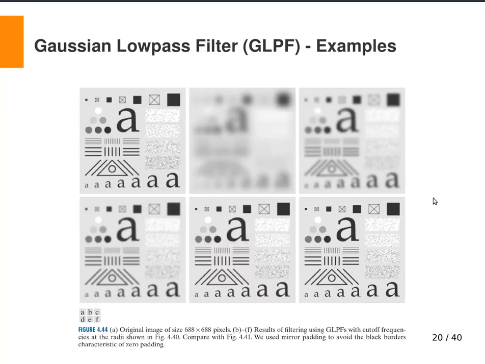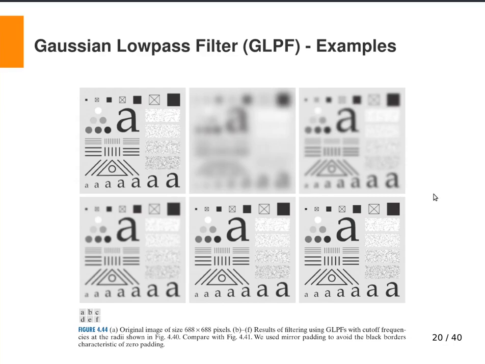But the upside is that we don't get any ringing artifact, because the Gaussian low pass filter doesn't cross 0. Basically it doesn't have any points of crossing 0. So applying this filter, we basically don't get any ringing artifact.